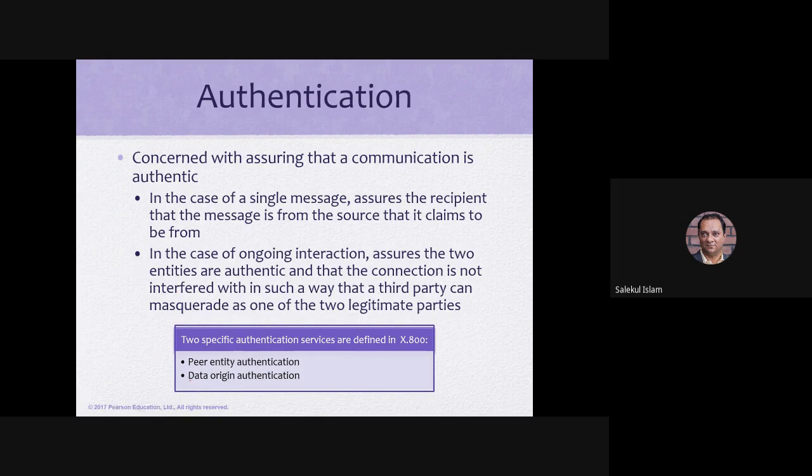And data origin authentication is more than that. Data origin authentication means I am sending some data, but the receiver end wants to make sure who has originated this data. For example, say I am issuing a bank check, and maybe I am handing this check over to a third person, to a carrier, to a bearer.